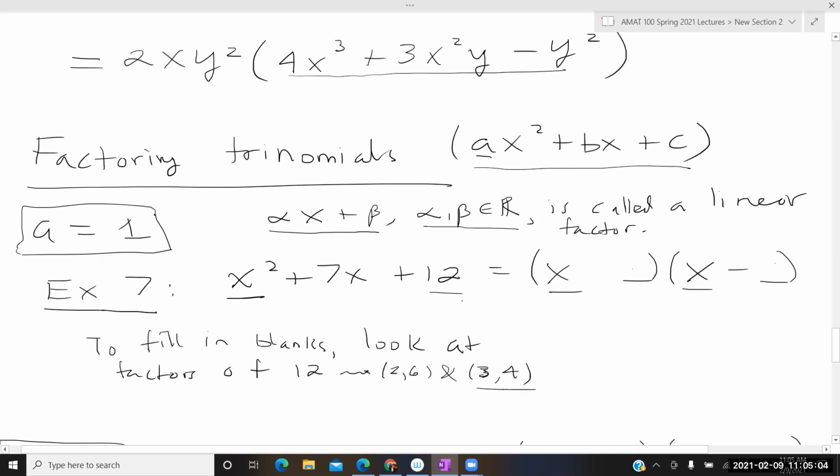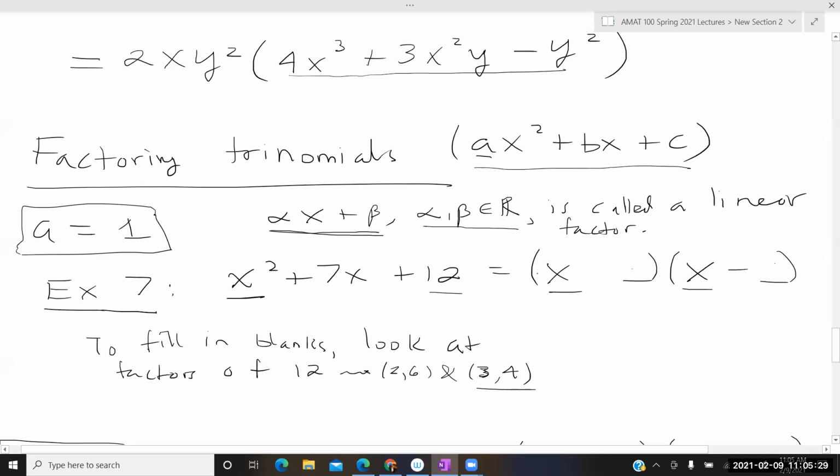We want to factor this into two linear factors, because the factors have to have a degree less than the thing being factored. This is a second degree polynomial, so its factors have to be first degree or 0 degree, in other words, constant numbers. So they have to be linear factors, something of this form right here.